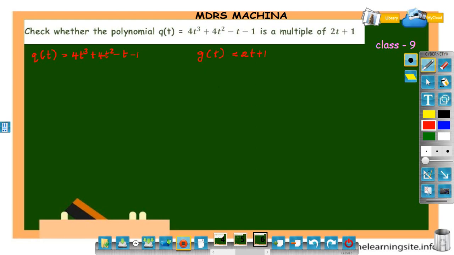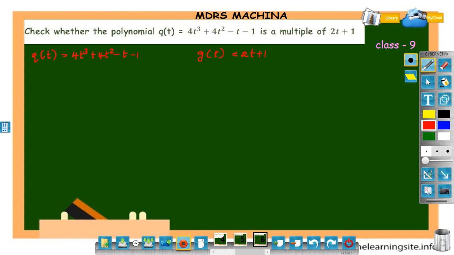I told you, if the remainder is 0, then the dividend is a multiple of the divisor. So we have to find the remainder to check whether the dividend is a multiple of the divisor or not. We can find the remainder by using the remainder theorem.